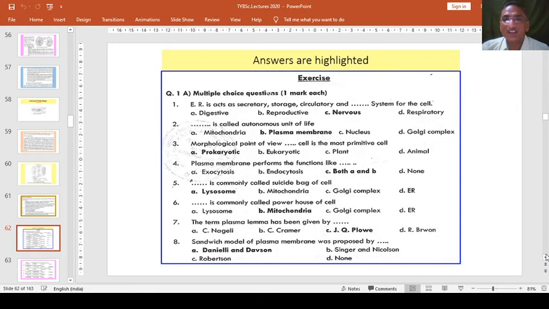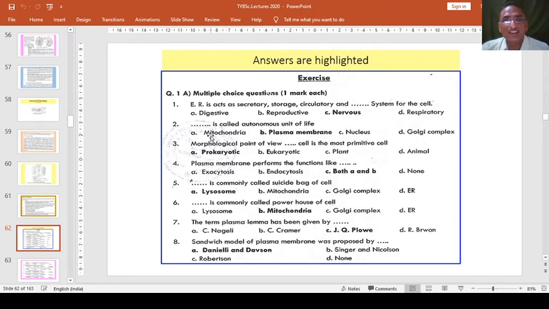Now next are the objective questions which you have to solve as per the syllabus you have already studied, or the lectures we have listened to. ER acts as the secretory, storage, or we can say circulatory system of the cell. Generally, the endoplasmic reticulum acts as the nervous system of the cell because it regulates the main activities.